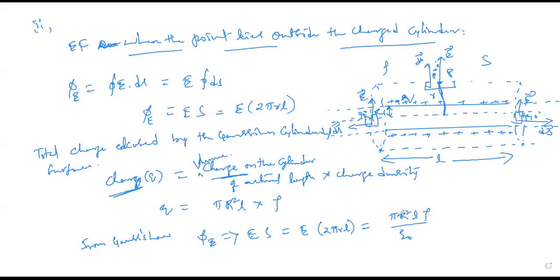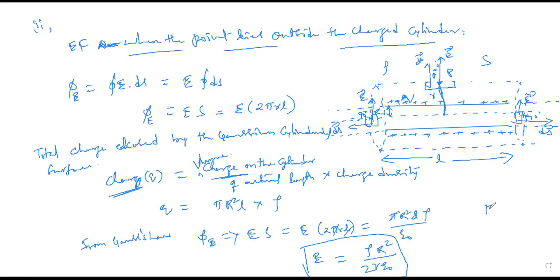Which terms will get cancelled here? Pi will get cancelled, L will get cancelled. What is left over? E is equal to rho into R square by 2 r epsilon naught.